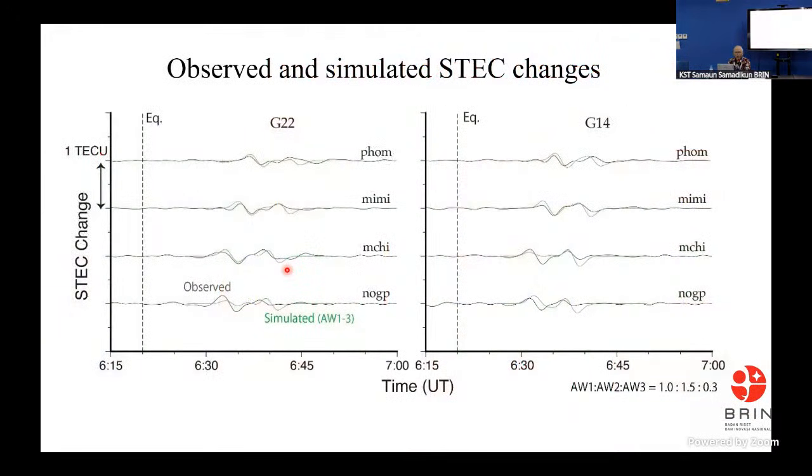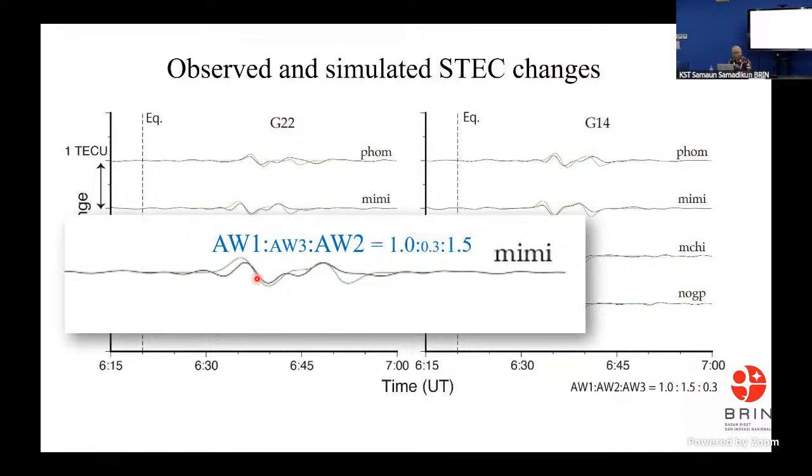And we can reproduce the observed signature by this best-fit acoustic wave source position. We could reproduce the curve. And we could also fit the curve by tuning the strength of the acoustic wave. The middle one is weak, and the first one and the second one are large.